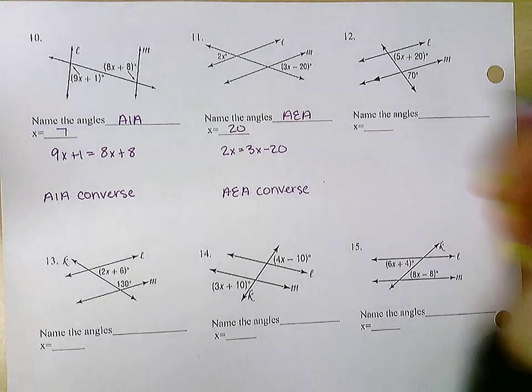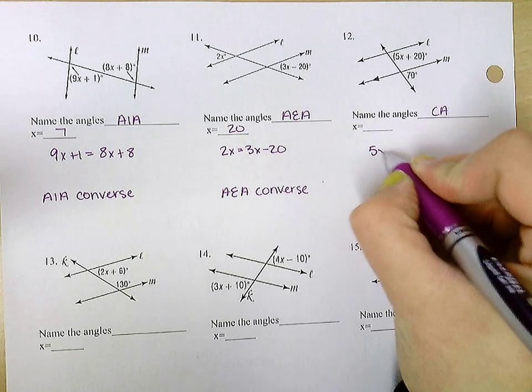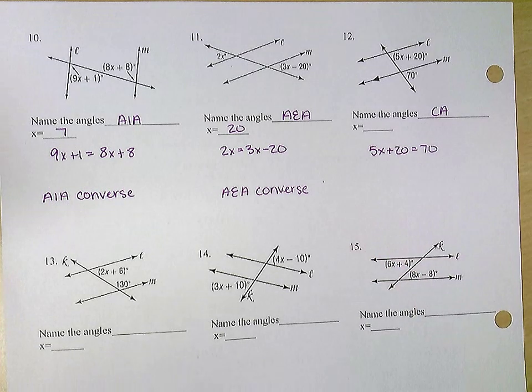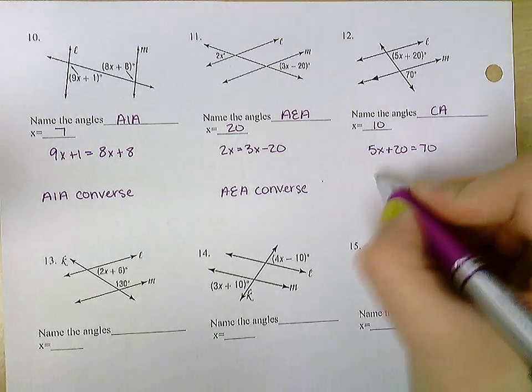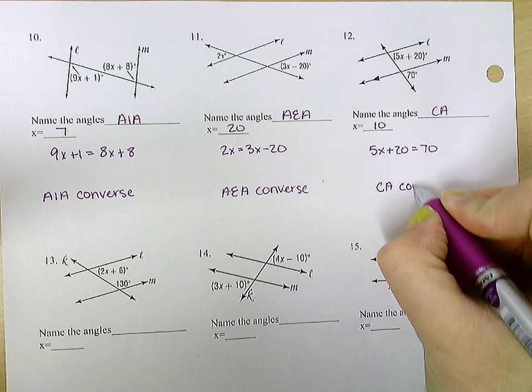Number 12, those are corresponding angles. Corresponding angles are congruent, so again, you would set those equal to each other. And you should get x is equal to 10. And then those lines would be parallel by the corresponding angle converse.